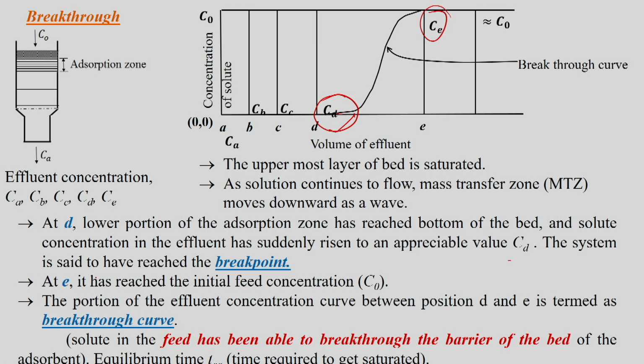The system is said to have reached the break point. Okay. And the portion of the effluent concentration curve between positions D and E is called the breakthrough curve, meaning the solute in the feed has been able to break through the barrier of the adsorbent bed. So, the equilibrium time T is required to get saturated. Okay.